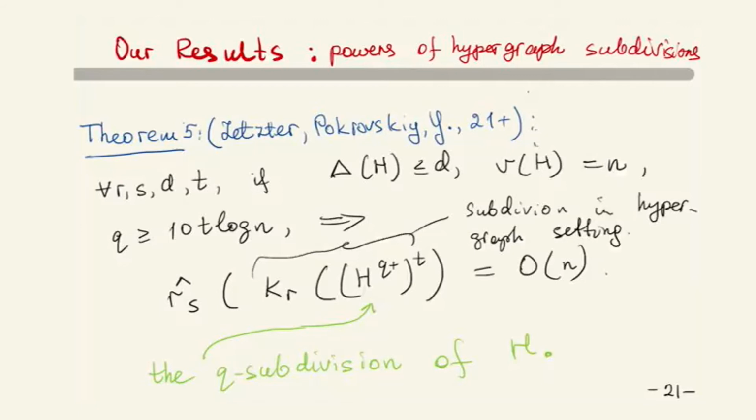So actually it's the powers of subdivisions. Then I take all the R-cliques in this graph as my edges, and what we get is that this hypergraph also has linear size Ramsey number. Okay.